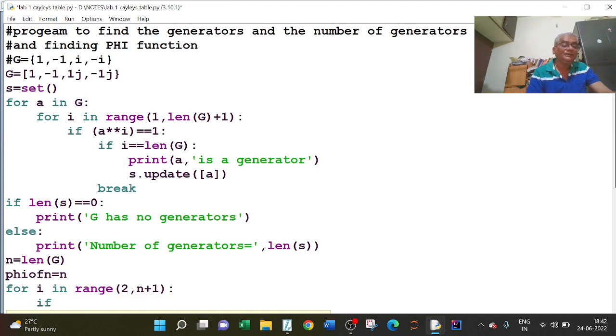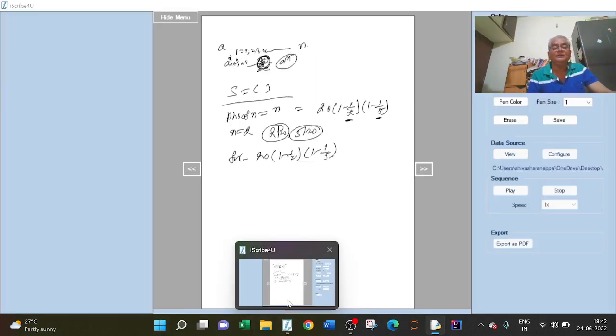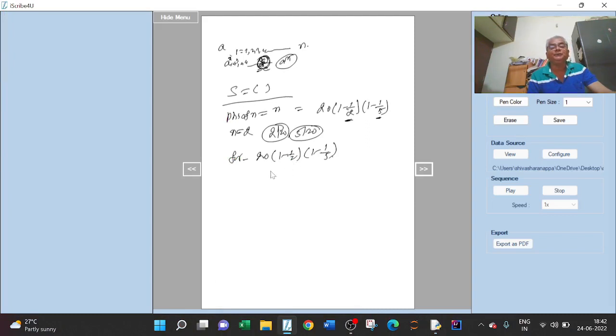If I is a prime, see, 2 is a prime and 2 divides 20, and 5 is a prime, 5 divides 20. If that number I is prime and that number divides 20, then I will consider this 1 minus 1 by 2. So if I is a prime and I divides 20, then we write 20 into 1 minus 1 by I.